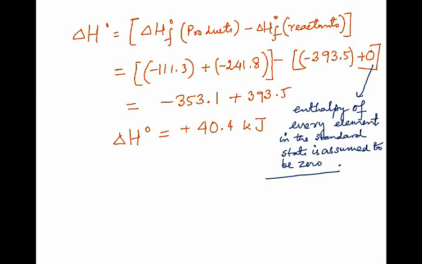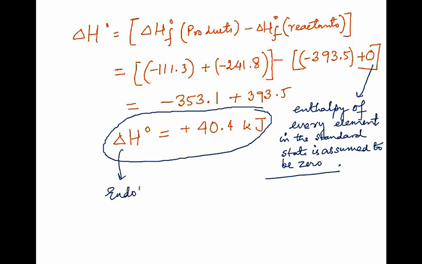So hence I am taking the enthalpy of hydrogen to be equal to 0. So ultimately what do I get? I get that delta H0 is equal to plus 40.4 kilojoule. Hence I can see the reaction is an endothermic reaction.